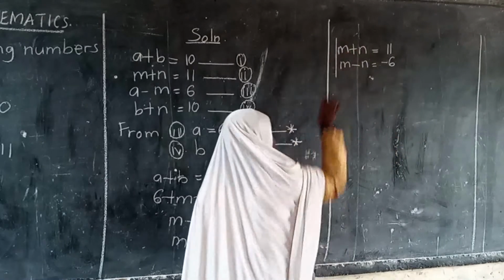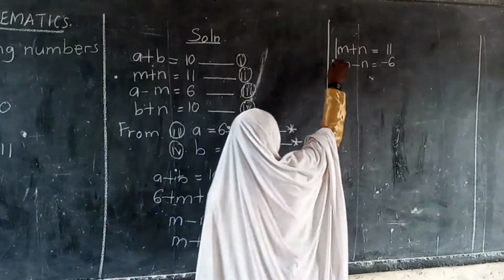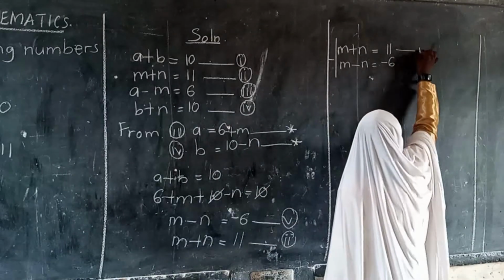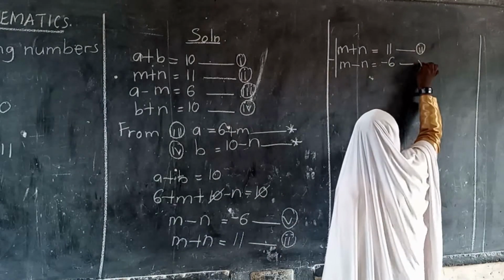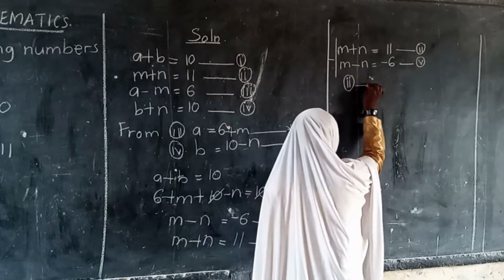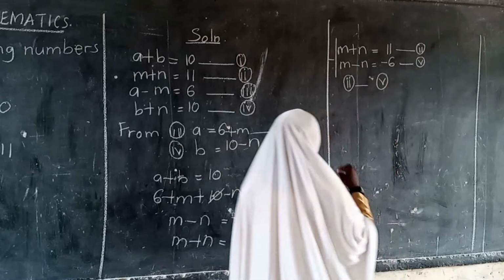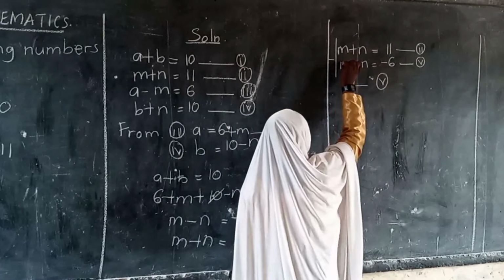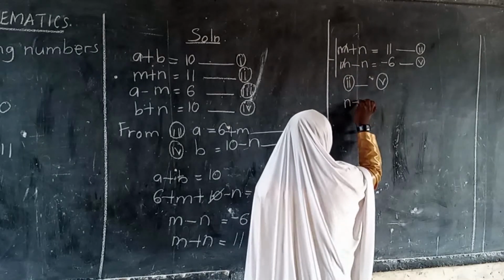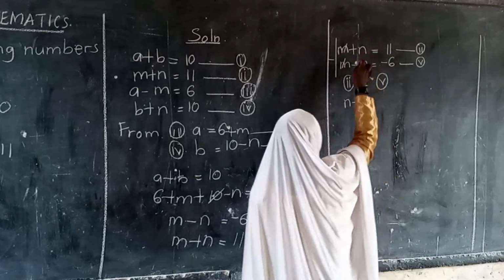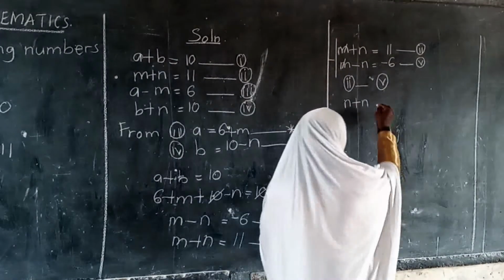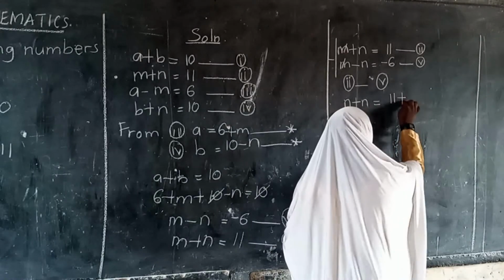We solve this using the elimination method. We subtract equation number 5 from equation number 2. M minus M, they will get over. So we work with the N. N minus negative N, we shall get positive, is equal to 11 plus 6.